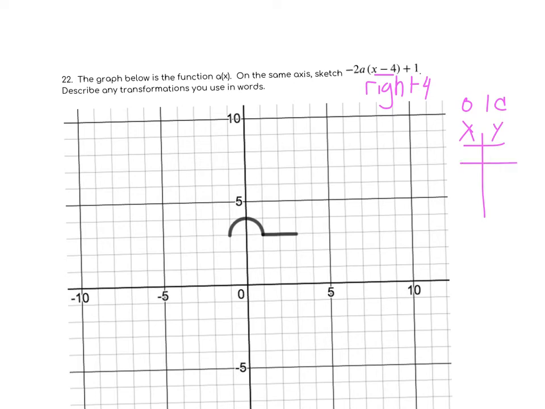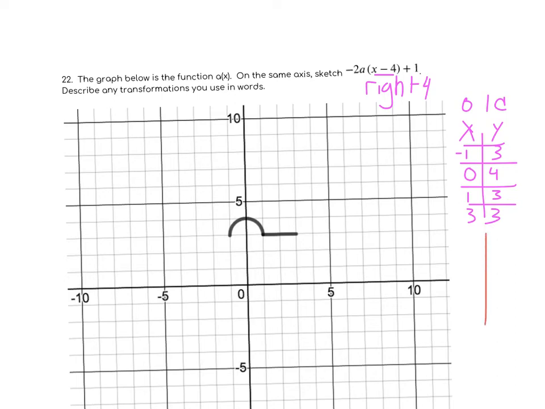The first point is at, I don't know, it looks like (-3, 3). The top of that semicircle is going to be at (0, 4). And then we've got the other bottom part at (1, 3), and then the end of this horizontal segment, which is at (3, 3).